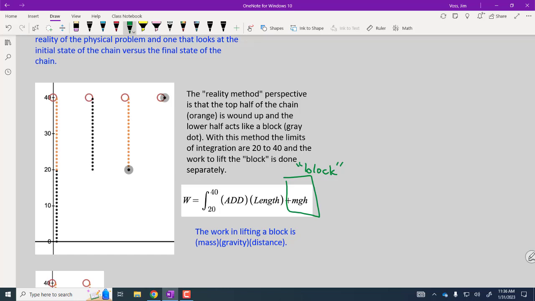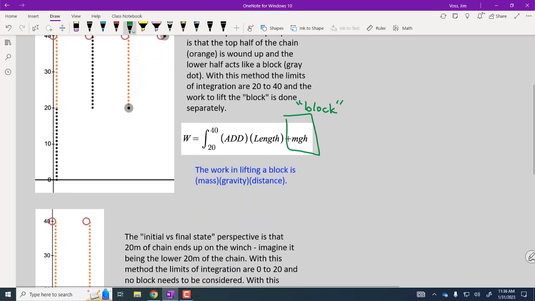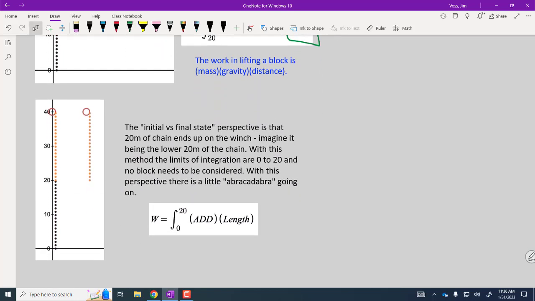These are the segments of chain that are being wound onto the winch. So that's probably the more intuitive way to do it. But if you look in the answer key, so that's the way I did it the first time I saw the problem. That was the way that made sense to me. They had that as the answer. And I was like, whoa, that's looking a lot simpler than the other one.